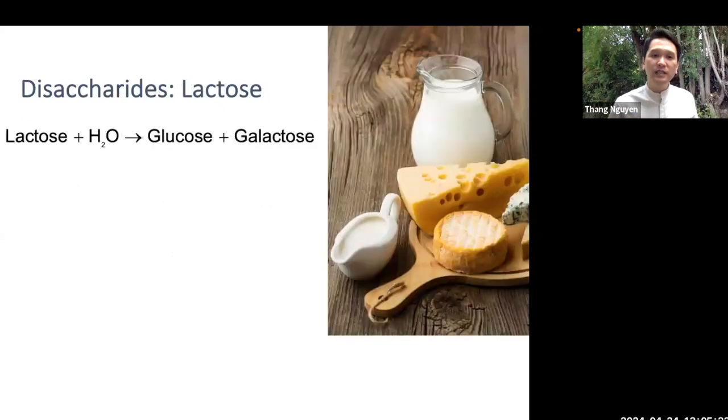Okay, another important or popular or well-known disaccharide is lactose. And where have we heard that word lactose? Lactose intolerant, right? Okay, so let's talk about lactose a bit. Lactose, like sucrose, can also be hydrolyzed, broken apart by water with an enzyme's help, of course, to become glucose and galactose. Again, those 2 things can be used for energy.